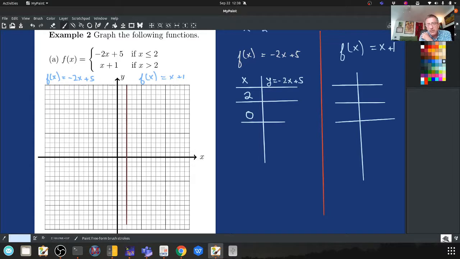So minus 2 times 2 is minus 4. Minus 4 plus 5 is... minus 4 plus 5 is plus 1, sorry. And now when I plug in 0 for x, I get y is equal to 5. So those are 2 points. Let's go ahead and plot them.